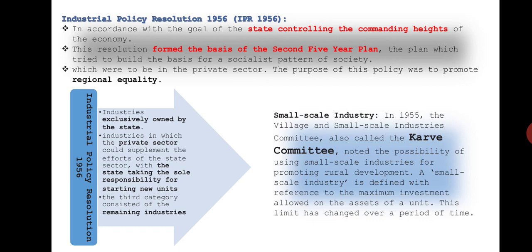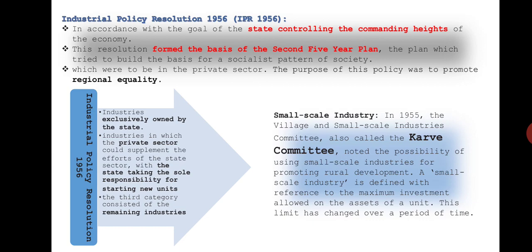In Schedule A, this first category comprises industries which would be exclusively owned by the state. In this schedule, 17 industries were included, like arms, ammunition, atomic energy, heavy and core industry, aircraft, oil, railways, shipping, etc. In Schedule B, 12 industries were placed which would be progressively state owned.